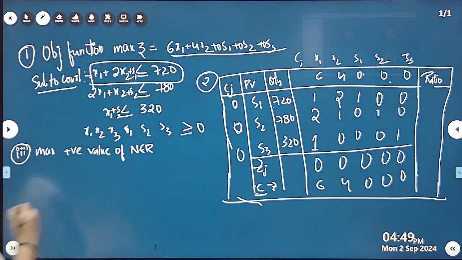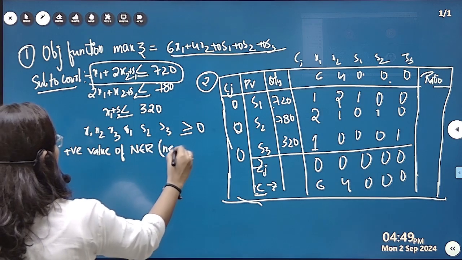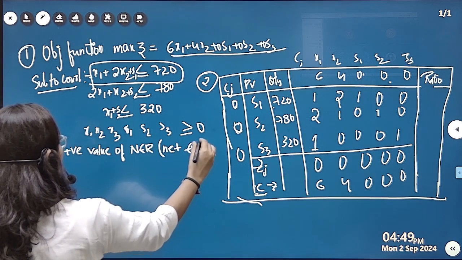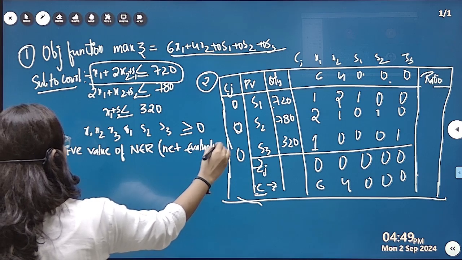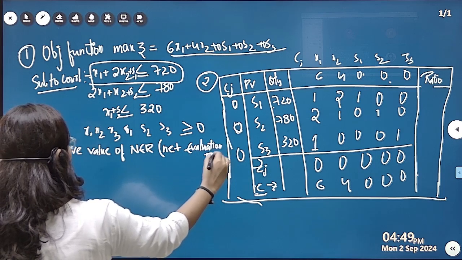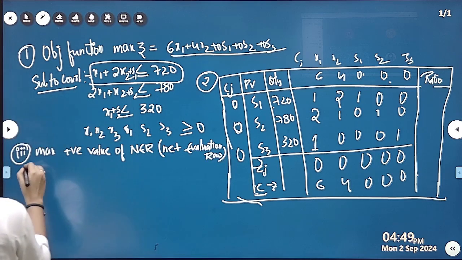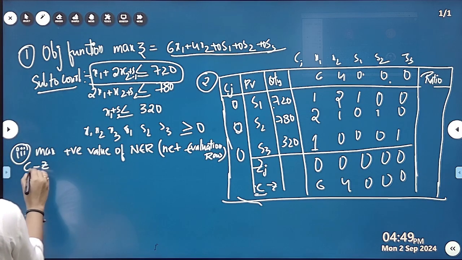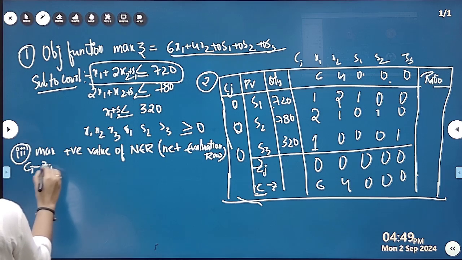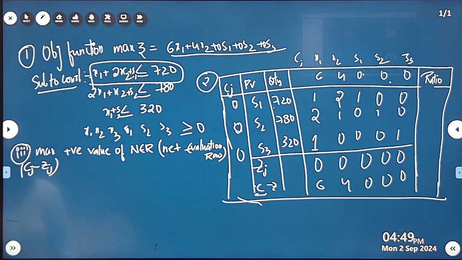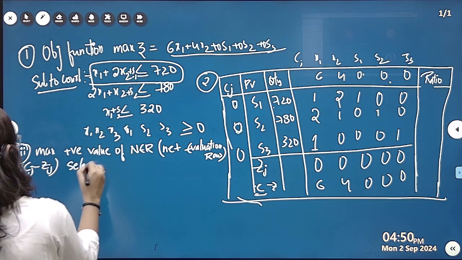So NER means net evaluation row, that is C minus Z, selected as a key row.